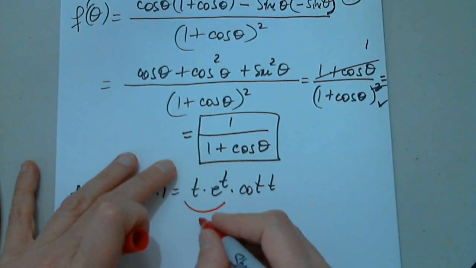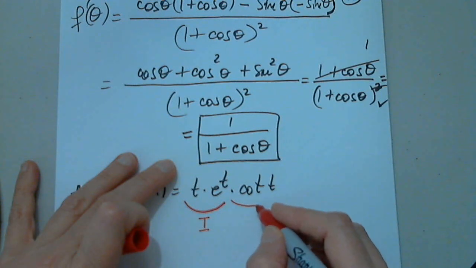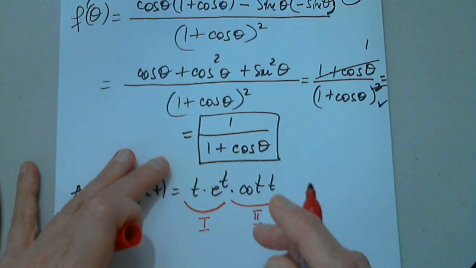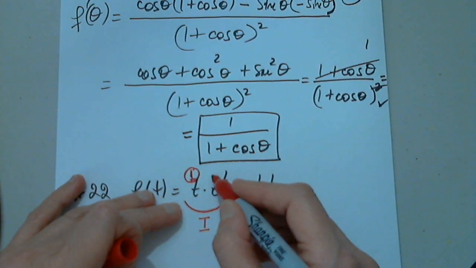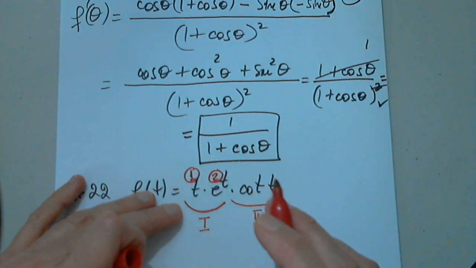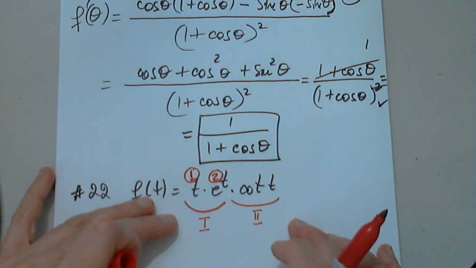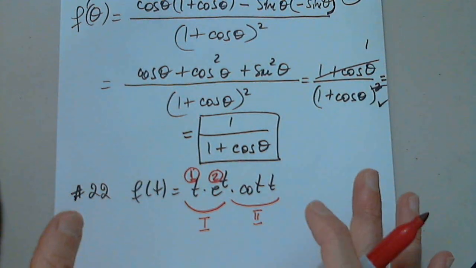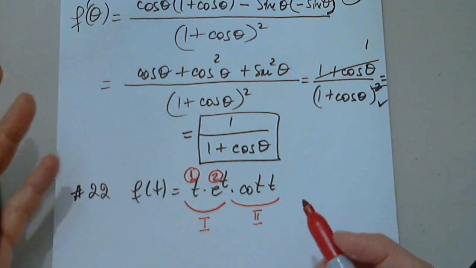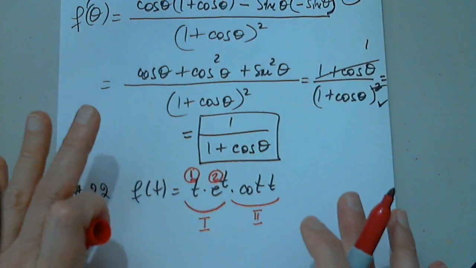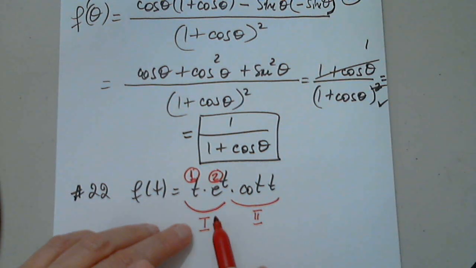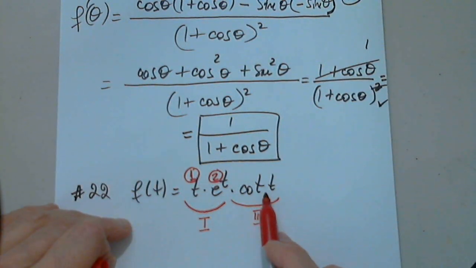I will say this is my function 1 and this is my function 2, but my function 1 has function 1 and function 2. We have never seen a product of 3 functions. I can give you the formula, but that's irrelevant. You don't have to memorize something like that. It doesn't matter. I'll show you. But now I have to choose because I have 3 functions.